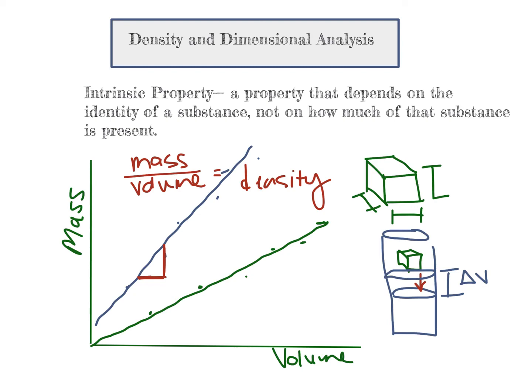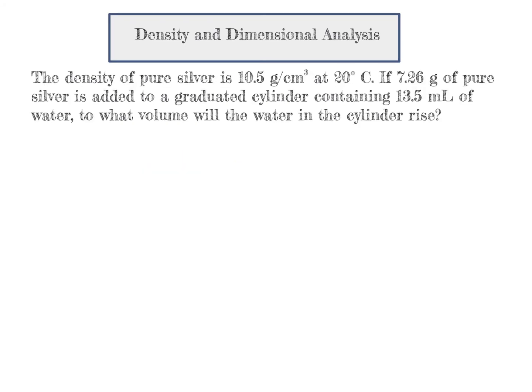Let's do a practice problem. Okay, let's take a look at this question. The density of pure silver is 10.5 grams per centimeter cubed. When I see that density, I see a ratio or an equivalency that I can use later on. It's kind of like saying 10.5 grams of silver is equal to 1 centimeter cubed of silver.